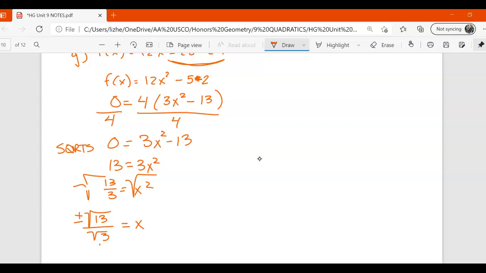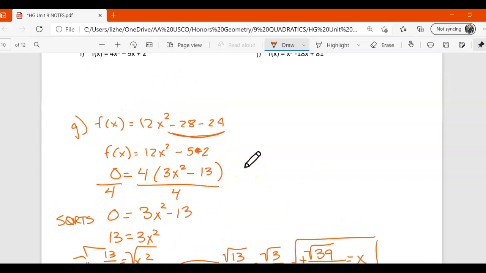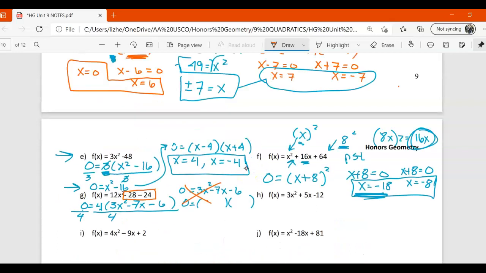But remember, right here, you can't have a radical in the bottom. So radical 13 over radical 3, you have to rationalize it. And so you get the square root of 39 over the square root of 9, which is 3. Plus or minus equals x, and there's your answer. That was probably a typo in the original problem, but there it is. There's no x there. Those are like terms.